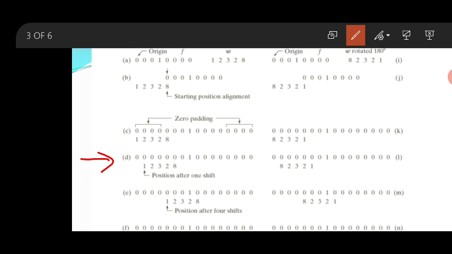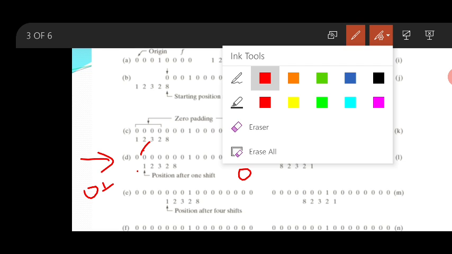When you shift 1 bit right, you multiply the corresponding bits: 0 into 1, 0, plus 0 into 2, 0, plus 0 into 3, 0, 0 into 2, 0, 0 into 8, 0. That means you got a 0. The output from the first shift is 0. I hope you are getting it. Now, this is the first shift operation.